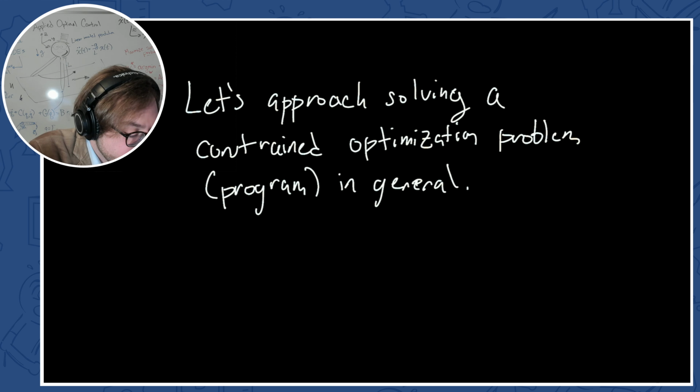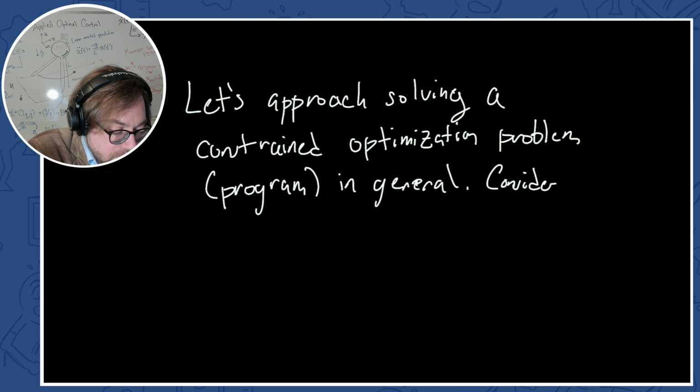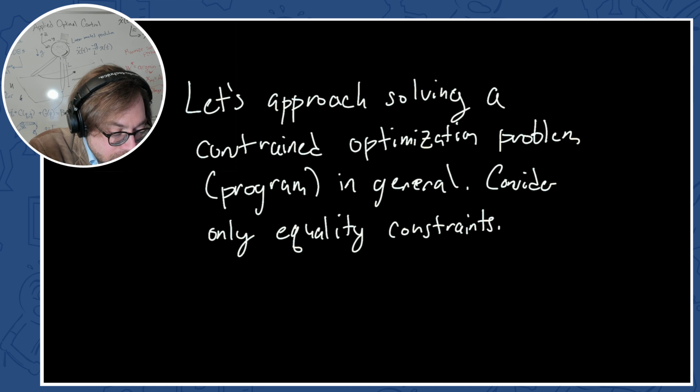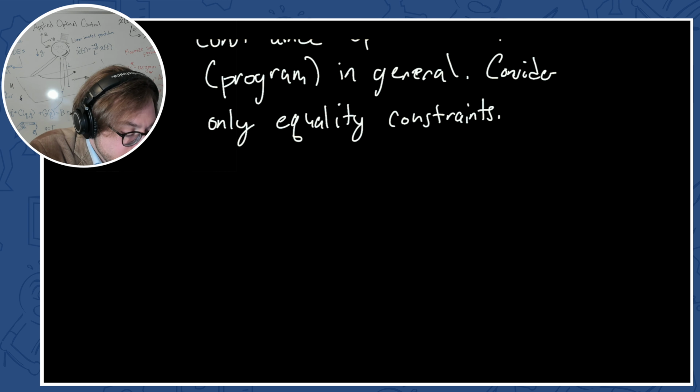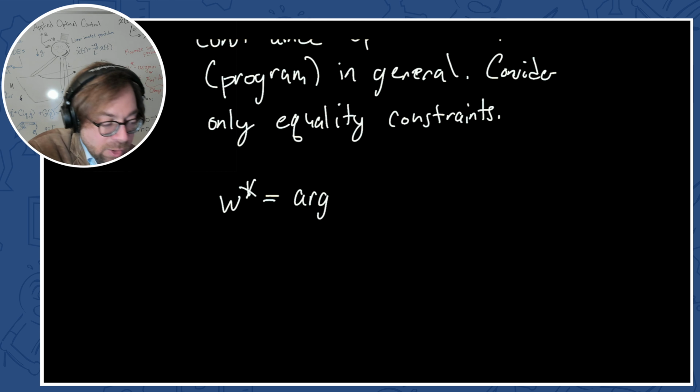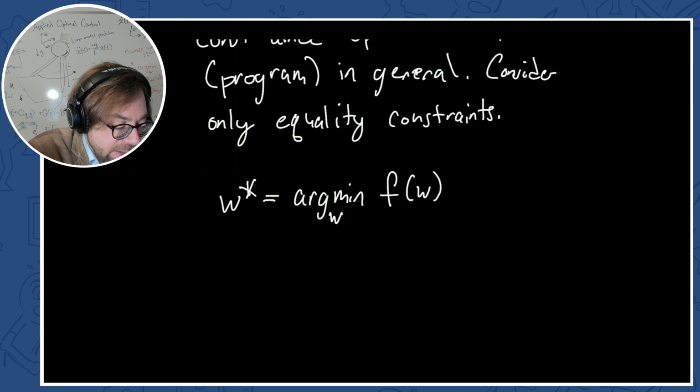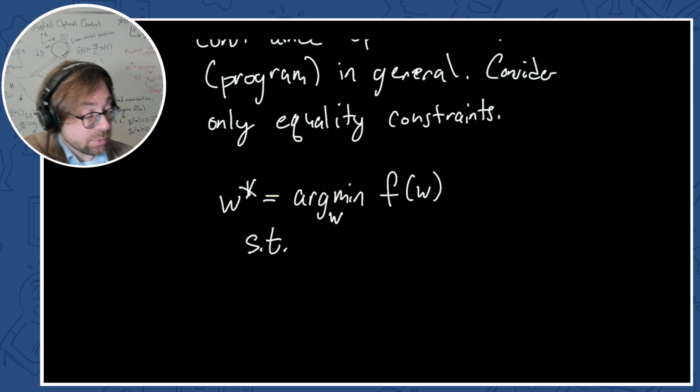So in general, let's consider only equality constraints. So we're going to say w star is equal to the arg min, where you're going to return w, of f of w subject to the constraint, and we only have equality constraints.